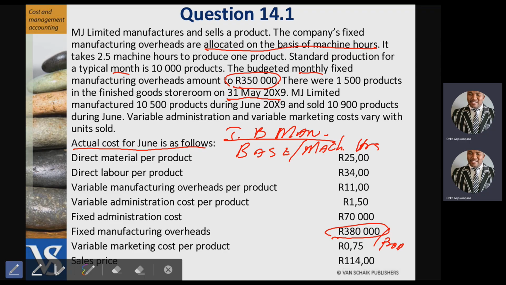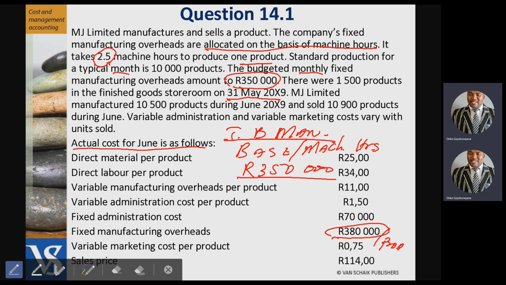So that's our base. So you do know, okay, I've got 350,000. Then we are looking for the machine hours. What we know after the machine hours is that it takes 2.5 machine hours to produce one product or one unit.